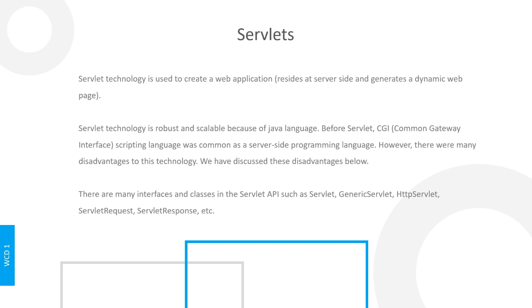However, there were many disadvantages to this technology. We have discussed these disadvantages below. There are many interfaces and classes in the servlet API such as Servlet, GenericServlet, HttpServlet, ServletRequest, ServletResponse, etc.